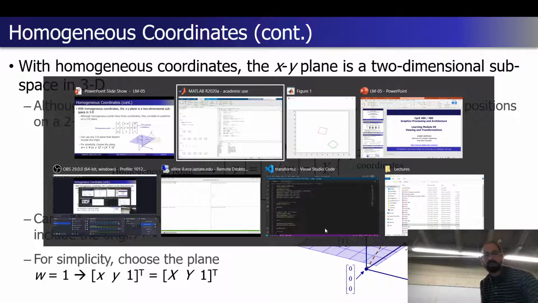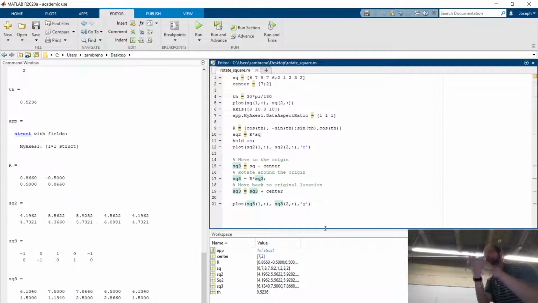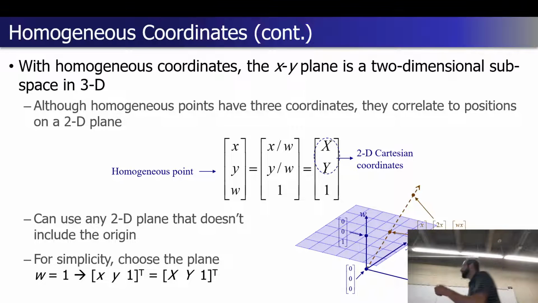That's what this MATLAB code did for us. Via just adding translation vectors, we are done. If we now think of these 2-dimensional points as being one of infinitely many versions that correlate to other things in infinitely many 3-dimensional planes here, we can add that third dimension W here. That is going to allow us then to do translations via the use of that third dimension.